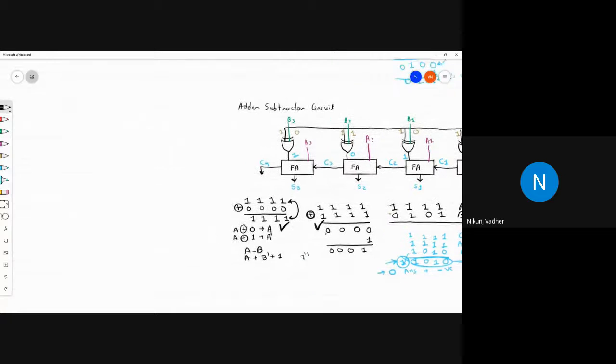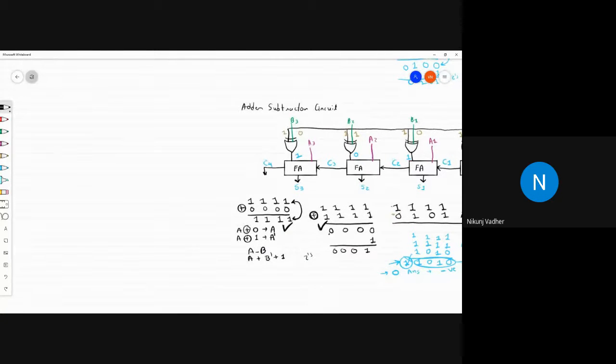Let me quickly give you one example of subtraction, and then we will move forward with the arithmetic circuit.